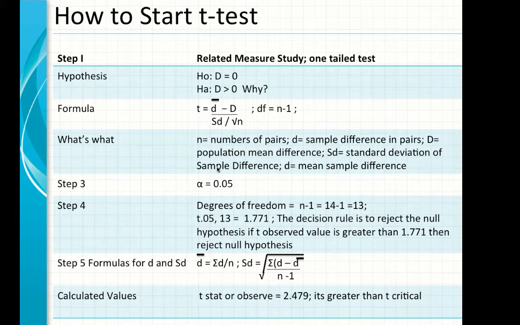Here the alternative hypothesis is d greater than 0. Why? Because we want to prove that the scores decreased from before to after, and because the difference is computed by subtracting the after rating from the before rating, the desired alternative hypothesis is d greater than 0.